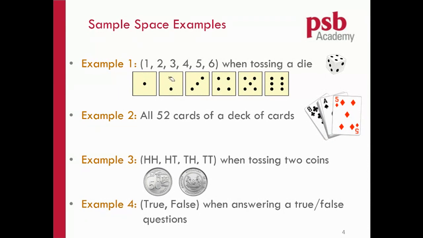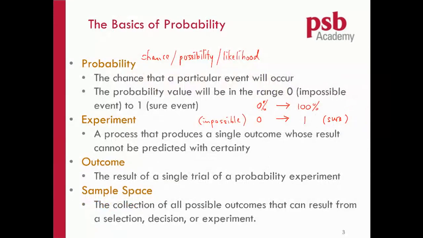It can give you 1, 2, 3, 4, 5 and 6. Can you get nothing? Cannot. Can you get more than 6? Also cannot. So what can be the result when you toss a die? You can get these figures. So these figures, these outcomes, will be called the sample space because it is all possible outcomes that can result from an experiment.